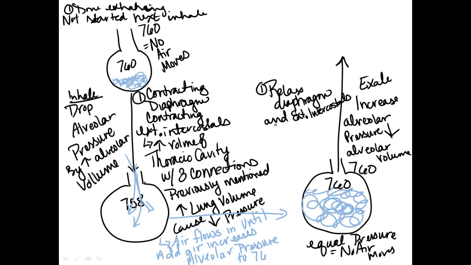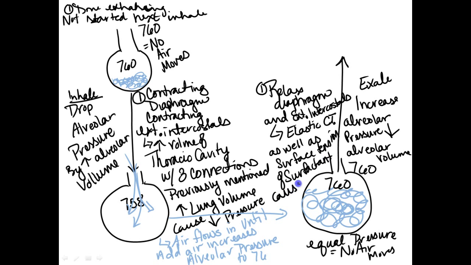In order for exhalation to occur, we rely on the elastic connective tissue embedded throughout all of the lungs, as well as the surface tension of the surfactant, which causes the lungs to shrink to their original size.